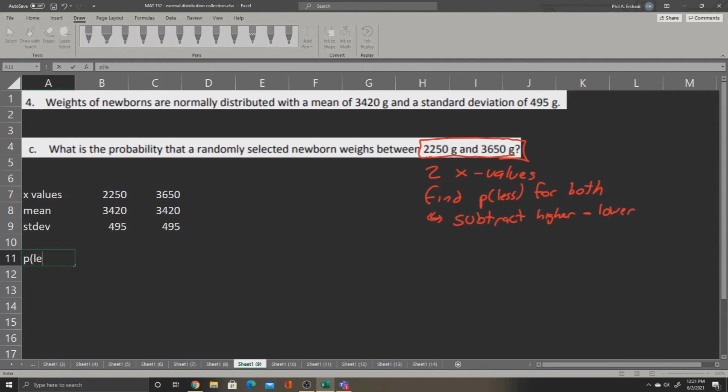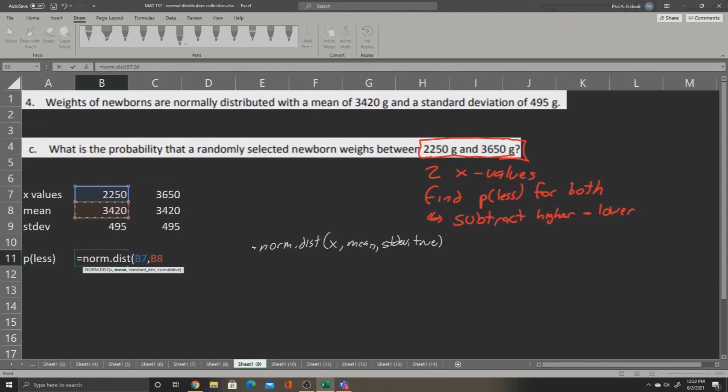Based on this, we can get the probability of being less than each of these x values. Once again, we'll use Norm.dist, and once again, x, comma, mean, comma, standard deviation, comma, true. So we say equals Norm.dist, click the x, comma, the mean, comma, standard deviation, comma, true.